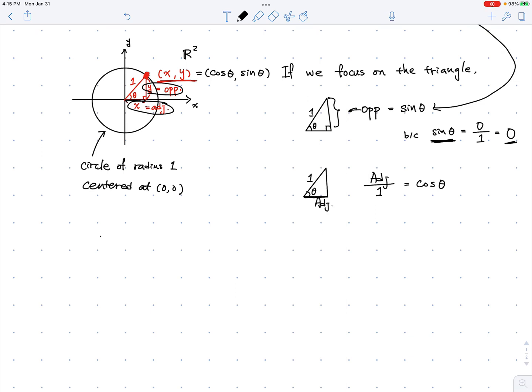Okay, so in summary, a unit circle means the radius is equal to 1.